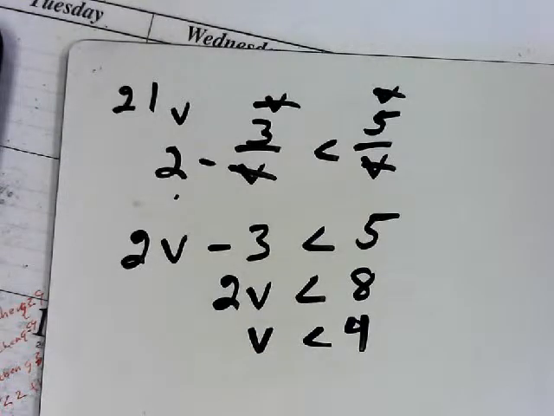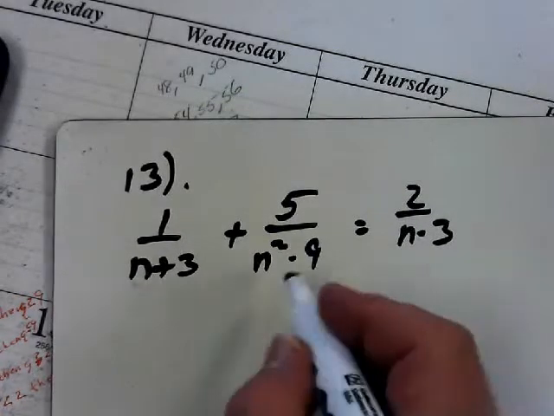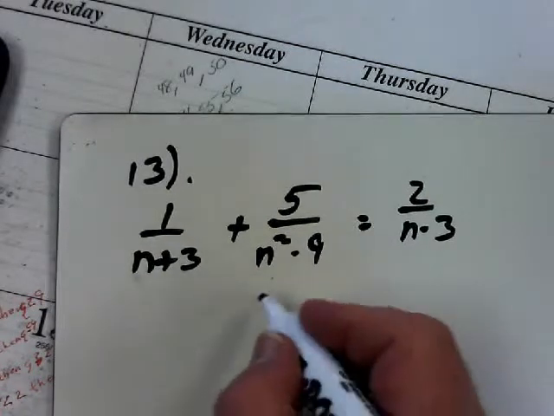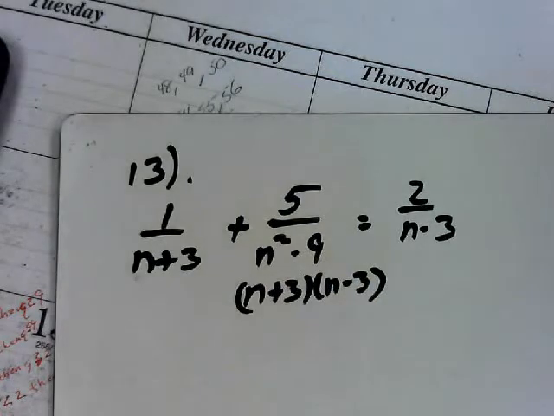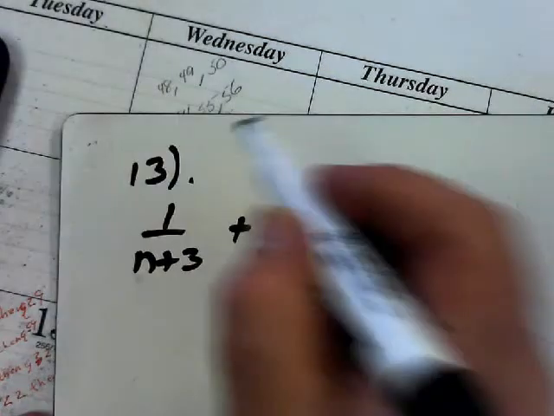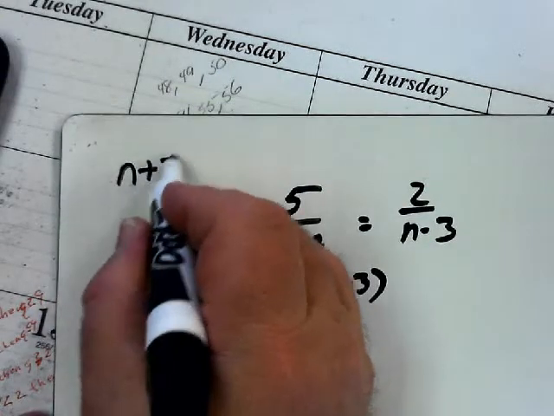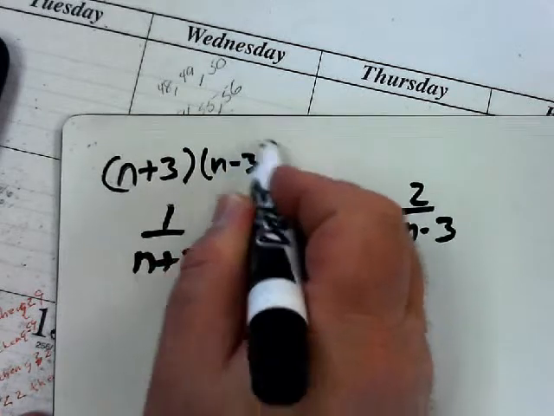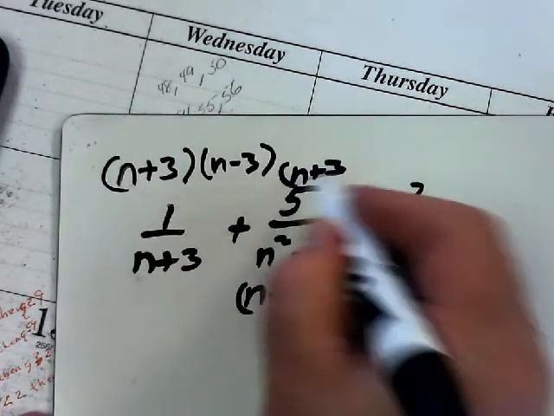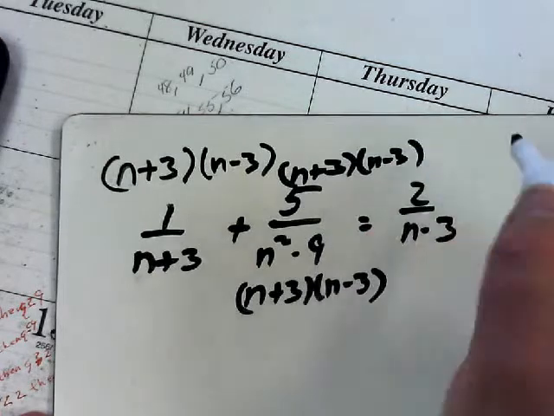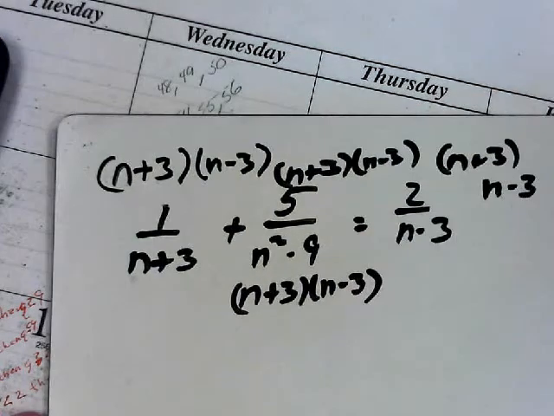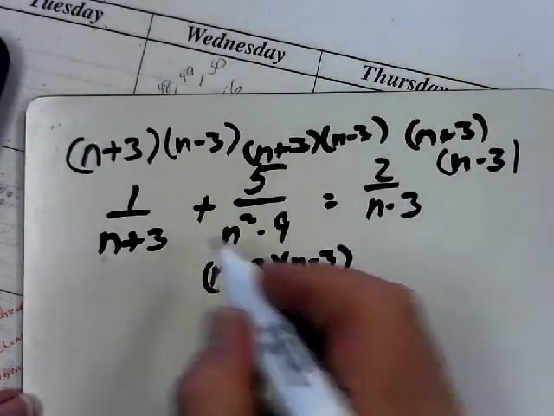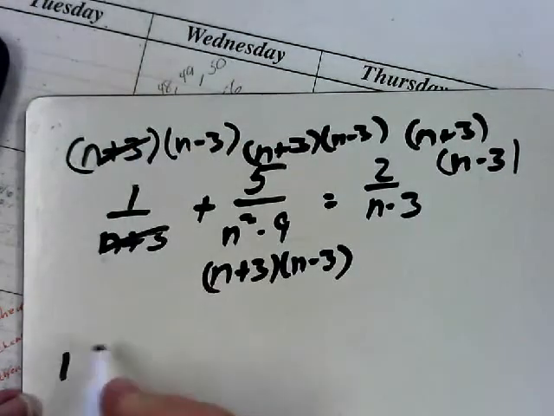You have a difference first, so you'd have n plus 3 and then n minus 3 as your common denominator. You're left with n minus 3 for your first one, the 3 cancels out.